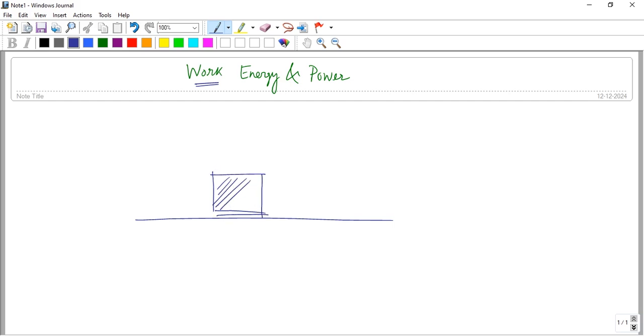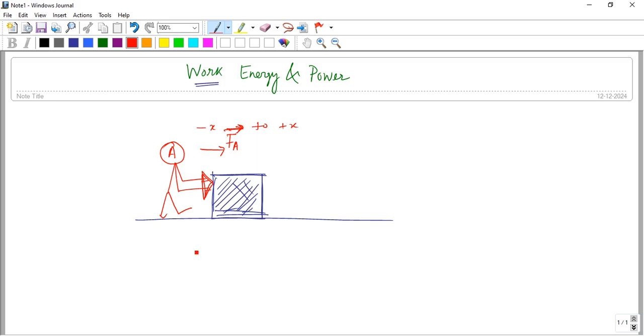This is the object, resting on a table, and some person A applies a force in that direction, from minus x to plus x, left to right.